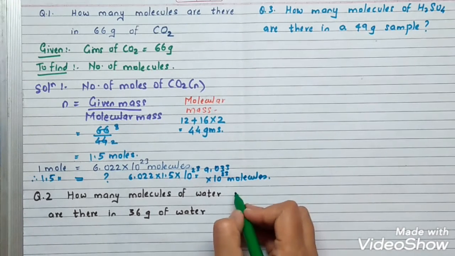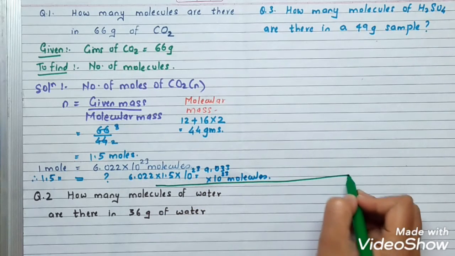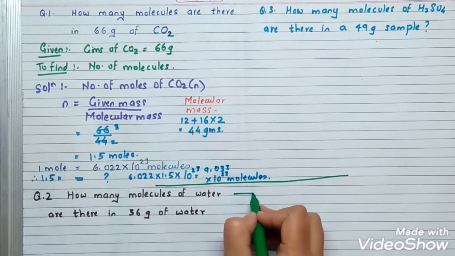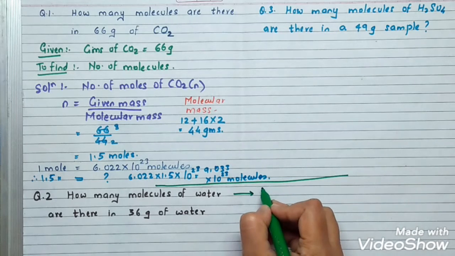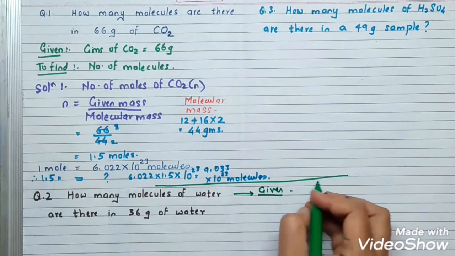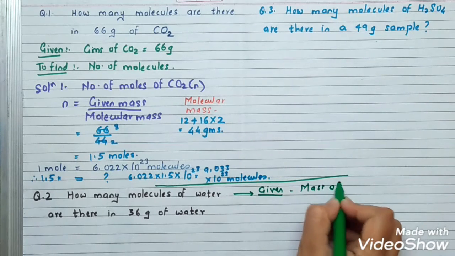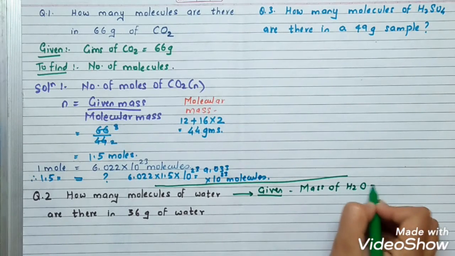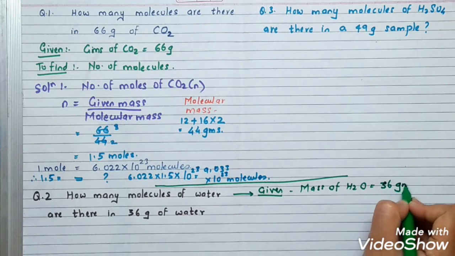Again, I am writing it over here. So what is given to you? Given to you is the mass of water. How much is the mass of water? 36 grams, which is given to us.